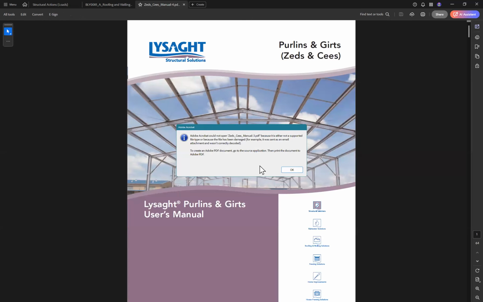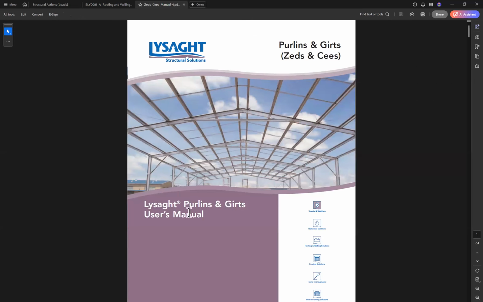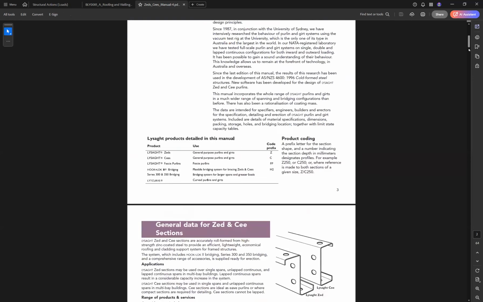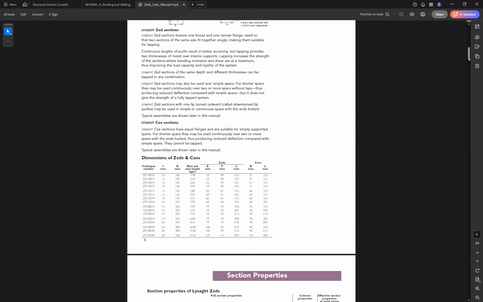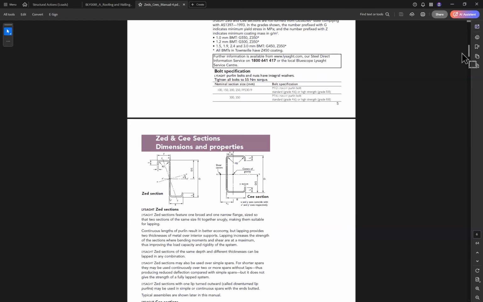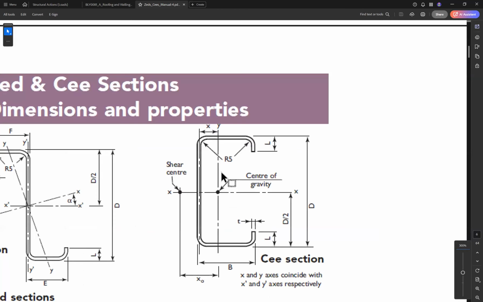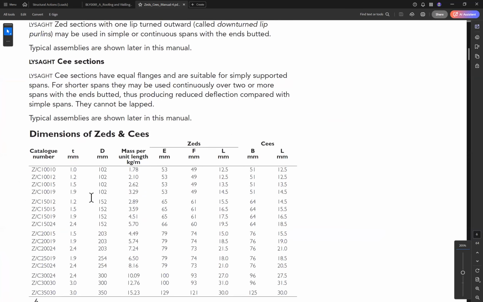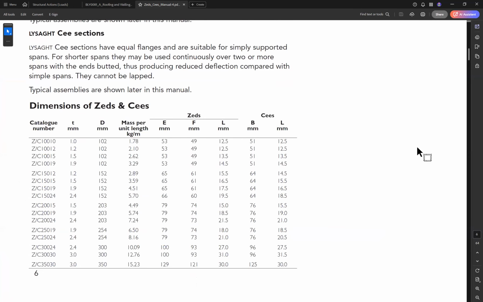This one is for purlins and girts. This file also gives us the weight and the profile of the purlins. The purlins can be C and Z, as you can see here, and the table gives us the size of the purlin.